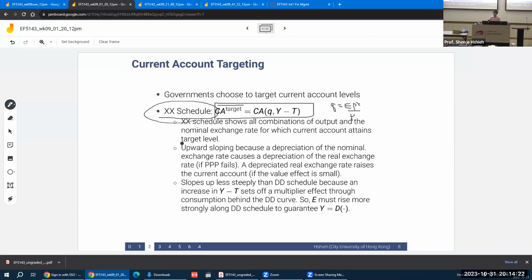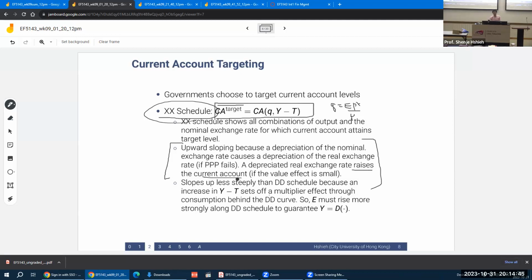Okay. On the graph, it's going to be upward sloping, obviously, right? Because a depreciation of nominal exchange rate would cause a depreciation of real exchange rate, and therefore the current account will rise, right?